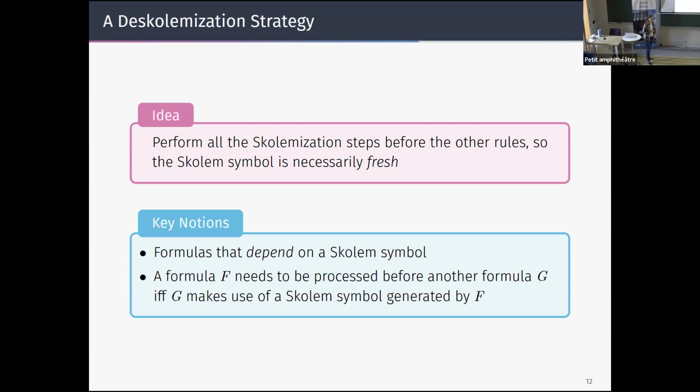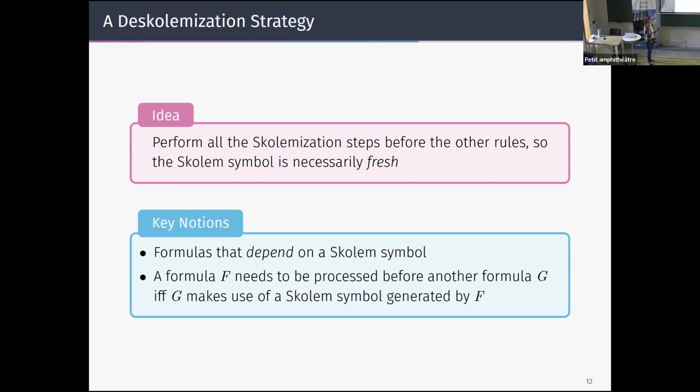We developed a strategy based on that, which consists of taking the original Tableau proof, which can be performed with a more advanced Deskolemization strategy. And as long as we don't have a delta rule or a Deskolemization step, we just copy the step as it is. And when we meet a Deskolemization step, we detect which Skolem symbol is generated.